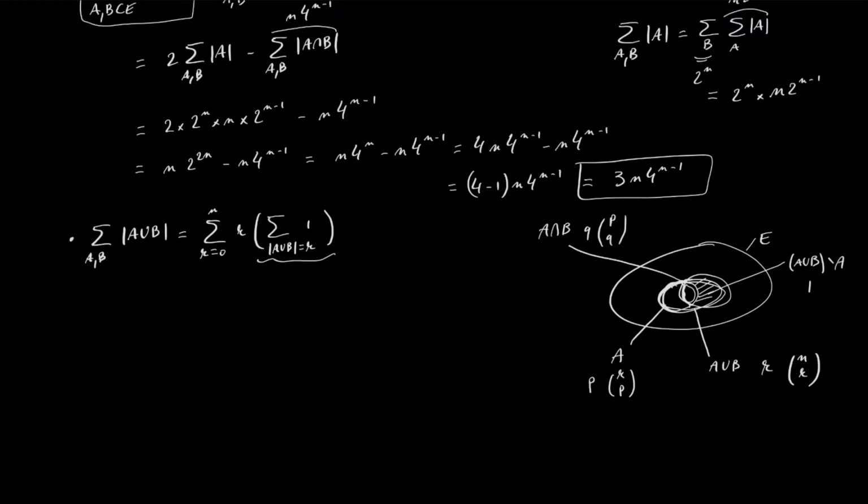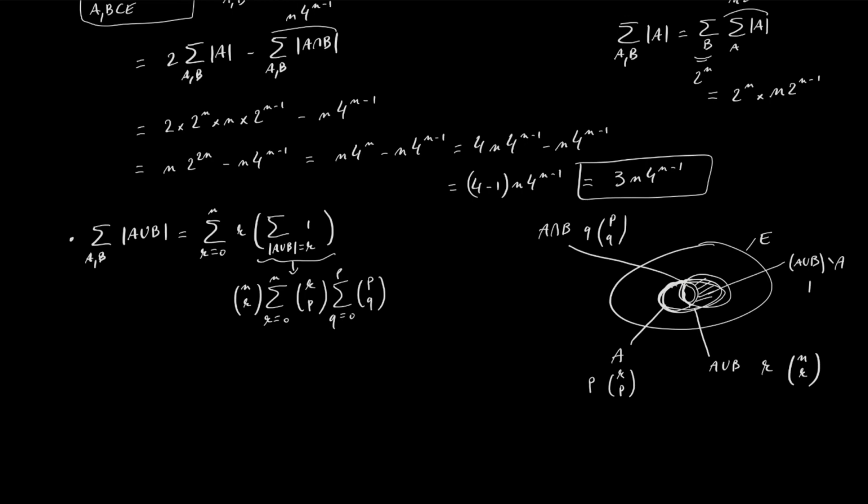So in other words, this sum will be equal to the sum from k equals 0 to n of n choose k multiplied by the sum from p equals 0 to k of k choose p multiplied by the sum from q equals 0 to p of p choose q.